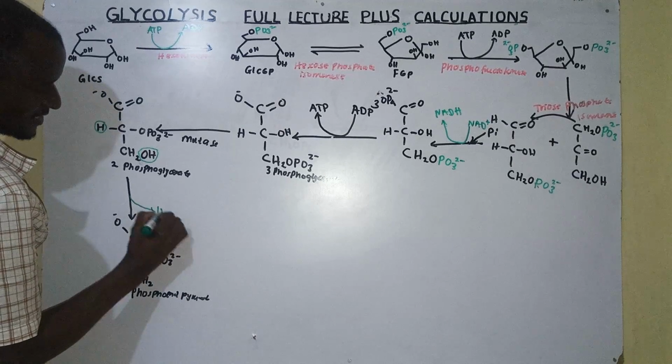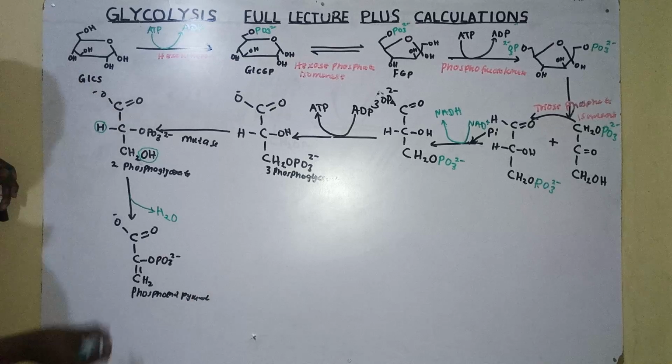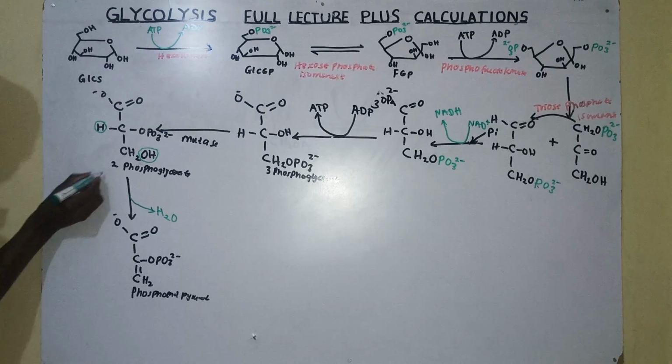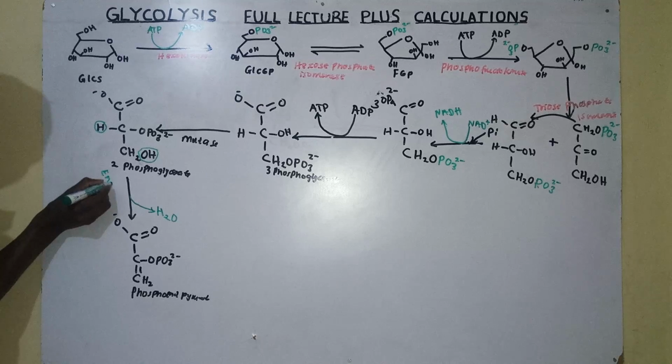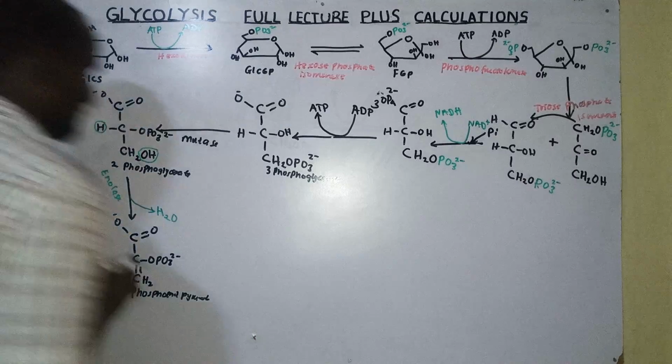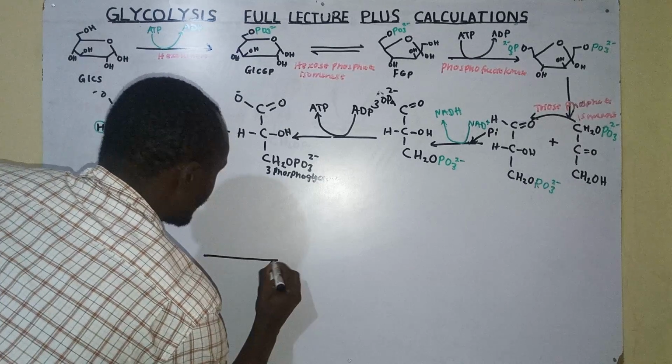So this one involves the loss of a water molecule to form phosphoenol pyruvate. Our enzyme is enolase. So we go to our last step, the formation of pyruvate. This step is irreversible.